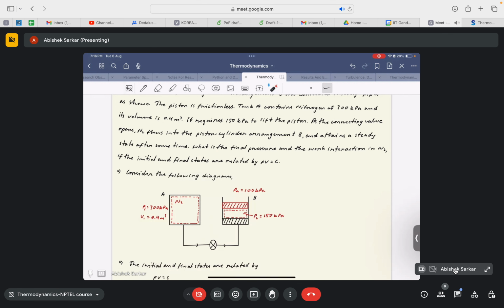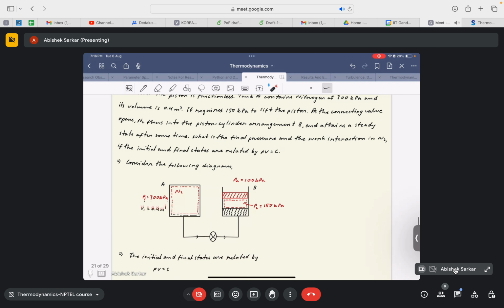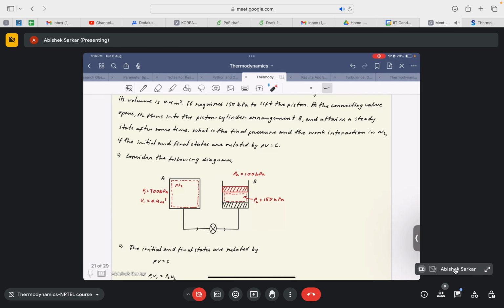And once the pressure here is 150 kilopascal, the piston starts to move up and encloses a certain volume after the system achieves a steady state. So we are asked to find out the final pressure in this system and the work interaction for the nitrogen gas. So is the question clear?